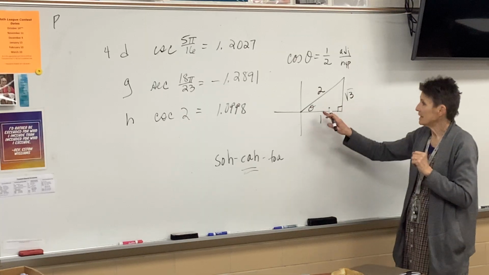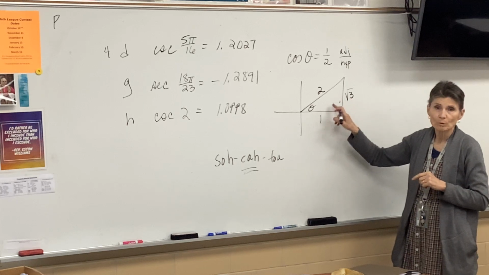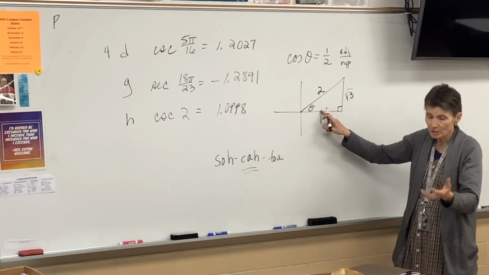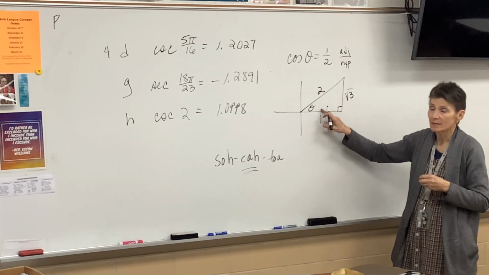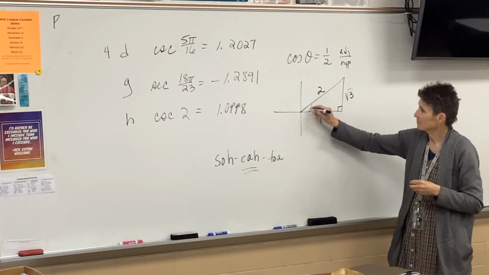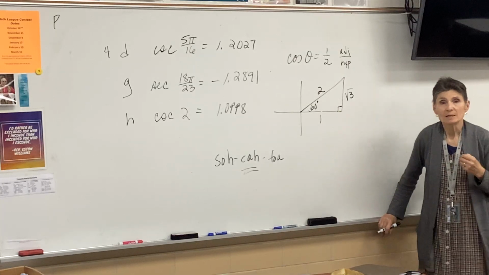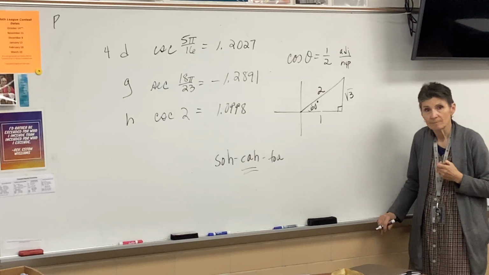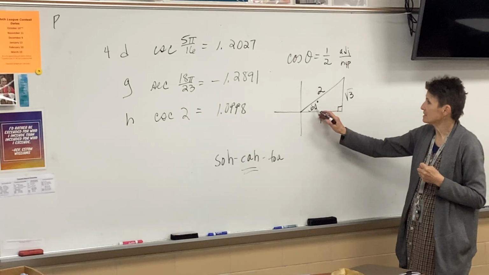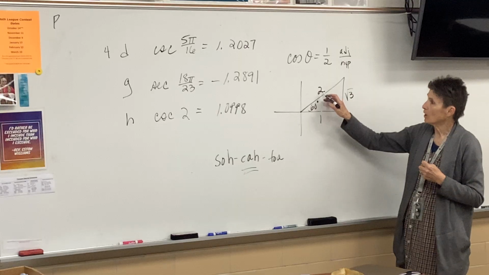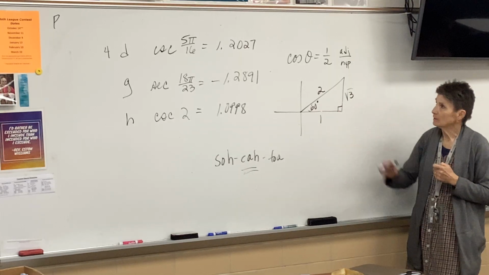And the angle that is across from the root 3, look at your green sheet if you don't remember, is a 60. So the answer to the problem is 60 degrees. We're looking for the angle that has adjacent over hypotenuse as 1/2, and that angle is 60.